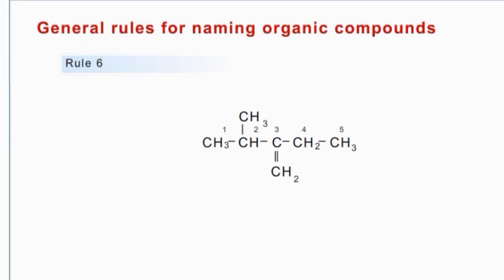So next, we have already learned 5 rules. This is the 6th rule. I don't know whether you have noticed or not, but chemistry has a particular speciality: chemistry is the subject of exceptions.